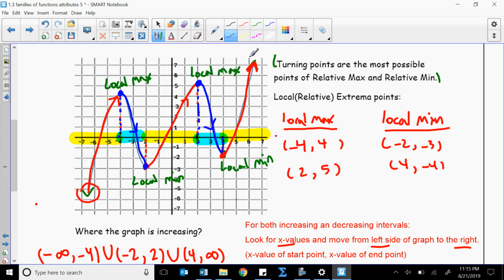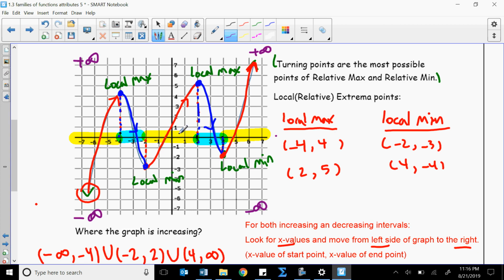We already know that if the end of our function is in this area, it's positive infinity. Also here is positive infinity. This side is negative infinity, and this one is also negative infinity. So we need to see where the end of the graph is. This one is positive infinity.